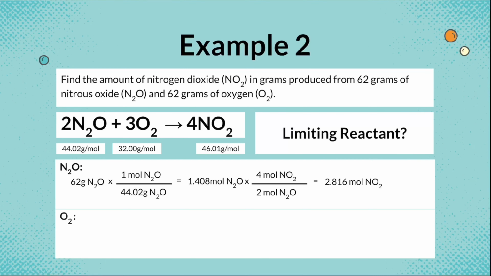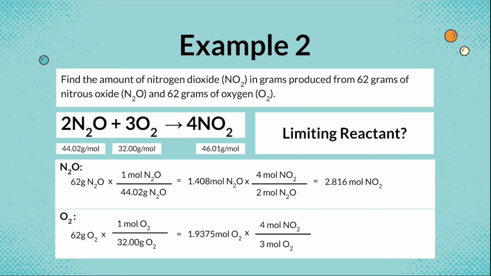So let's go ahead and multiply our 62 grams of O2 by 1 mole over 32 grams. This will get us to 1.9375 moles of O2. Now let's do the same thing we did with the mole ratios earlier, only now we multiply these moles of O2 by 4 moles of NO2 over 3 moles of O2, which will get us 2.583333 and so on moles of NO2.